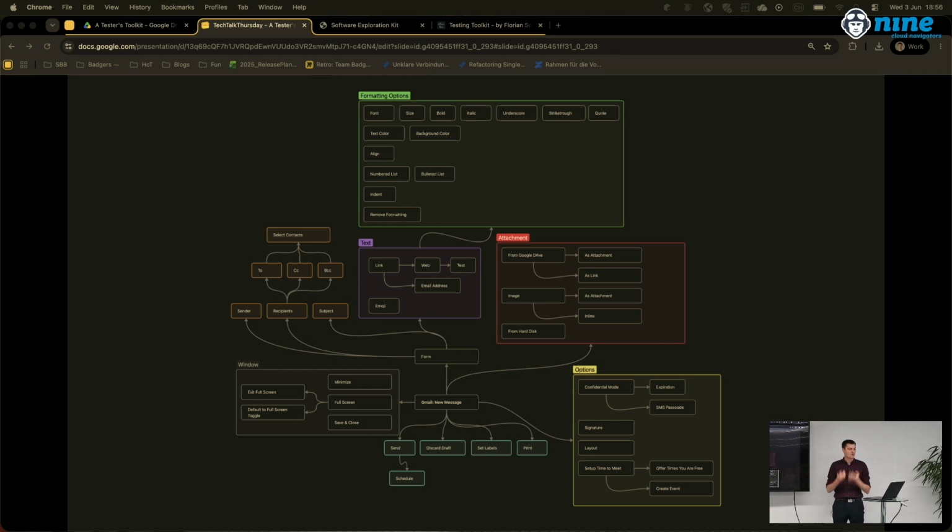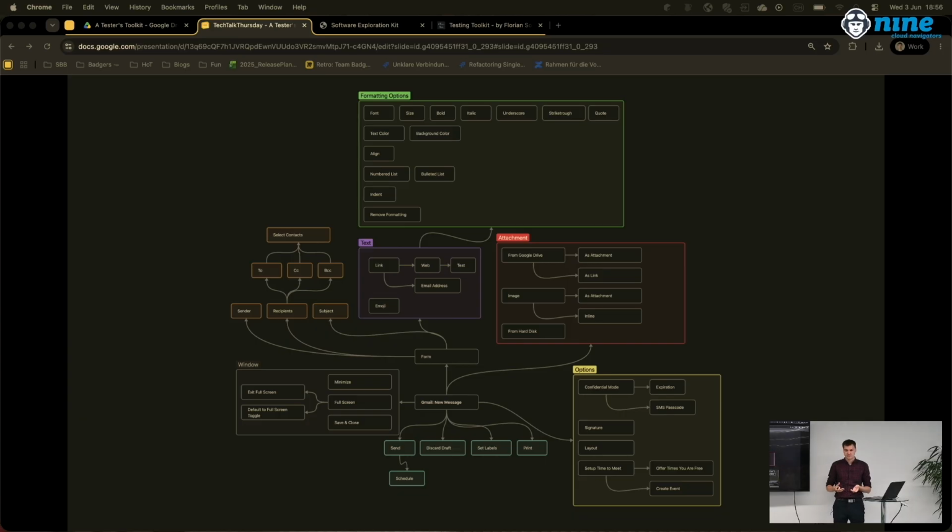It shows how much functionality is hidden behind other dialogues and pop-ups and things you don't see immediately. I have used Gmail for many years, and I didn't know about most of these functionalities until I created this feature map. So it really helps to get deep into a feature and learn about it.